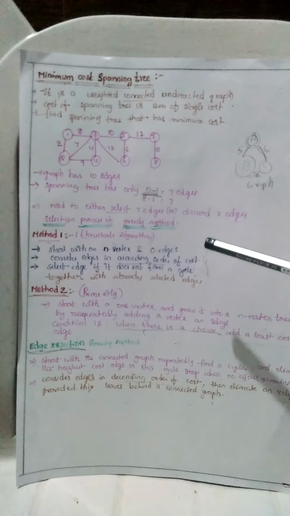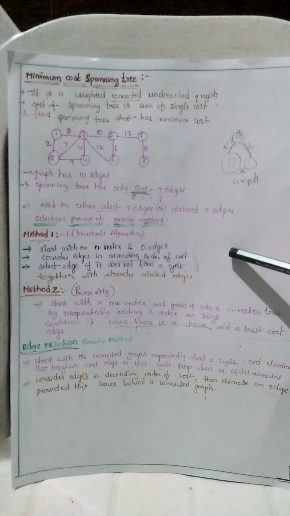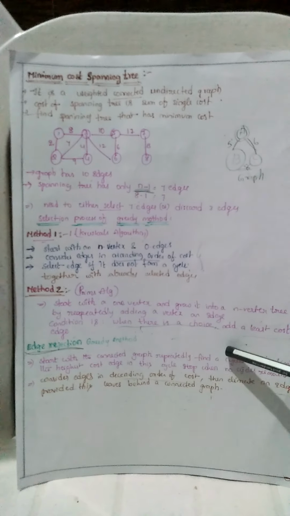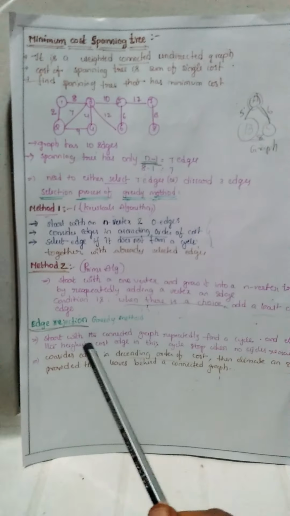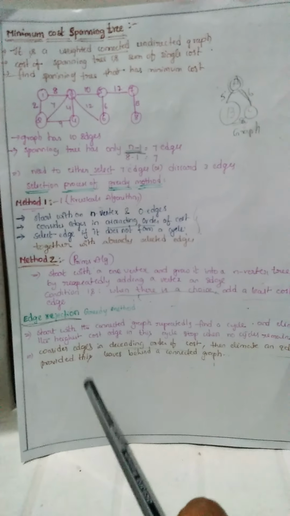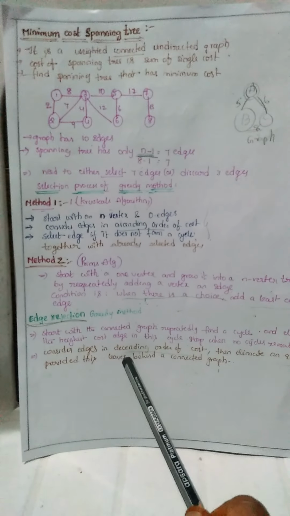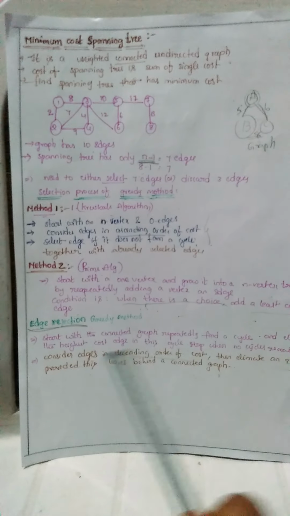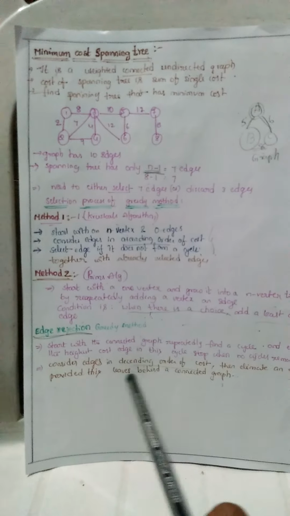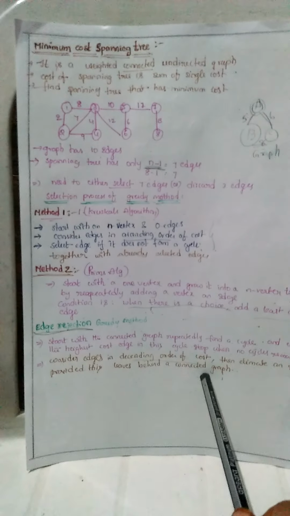Suppose we want to reject or eliminate edges, we apply these two rules. The first one: start with the connected graph, repeatedly find a cycle and eliminate the highest cost edge in the cycle. Stop when no cycle remains. The second rule: consider the edges in descending order of cost and eliminate an edge provided this leaves behind a connected graph.